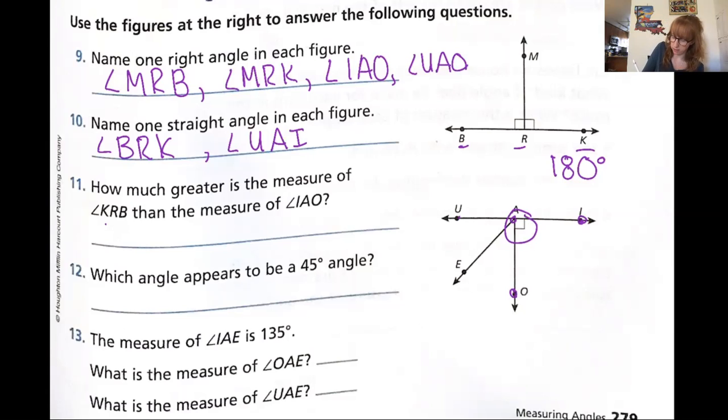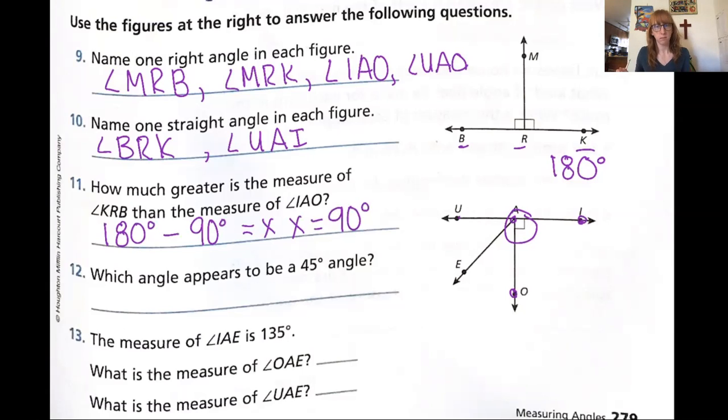So again, we would do 180 degrees minus 90 degrees because we want to know the difference. Make sure you include a variable, x equals, and it's 90 degrees. Because 2 right angles makes a straight angle, and 2 right angles equals 180 degrees.